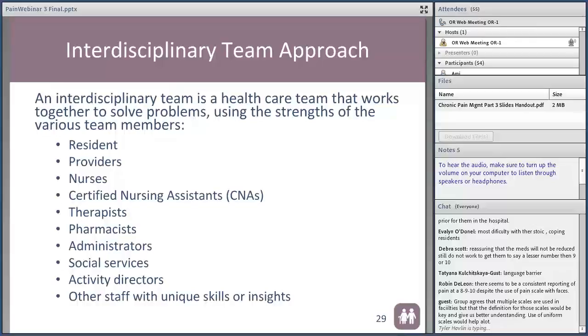Activity directors should be highly involved. There's a lot of different things that they can offer. We'll talk about some of those specifics in a minute. And then, of course, any other staff with unique skills or insight, could be chaplains. We have chaplains in each of our facilities, so that could be another integral part of that interdisciplinary team.